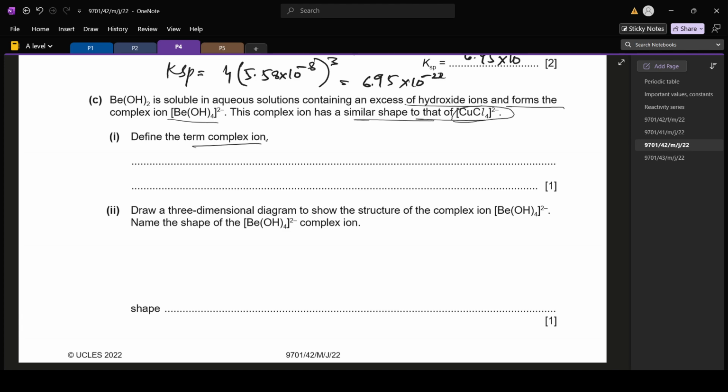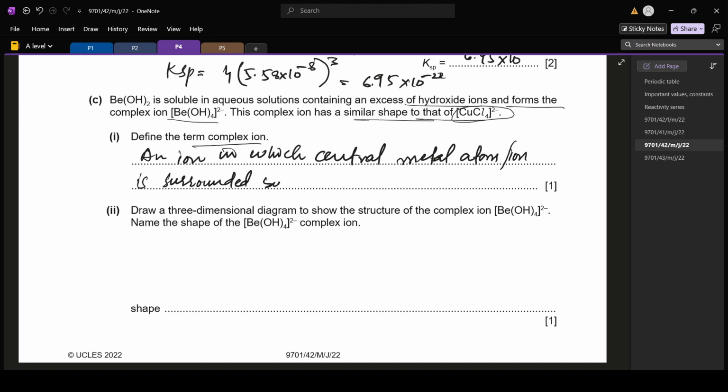Basically it's an ion in which a central metal atom or ion is surrounded by one or more ligands through dative bonding.